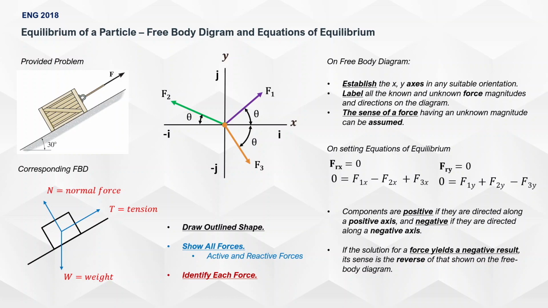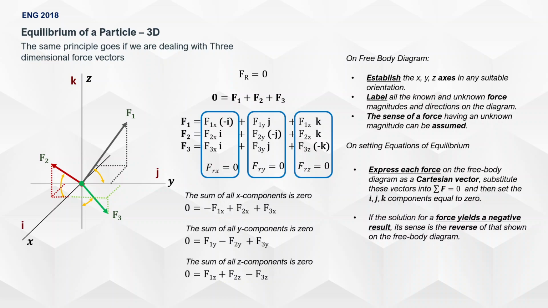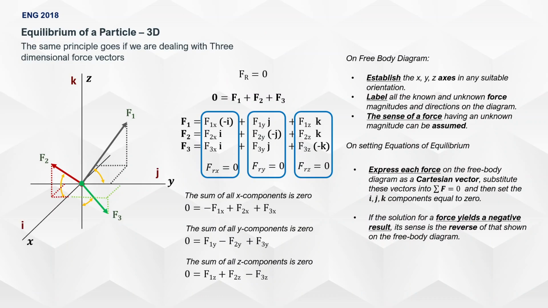The same process can be done in 3D, with three dimensions. Basically the same principle goes if we're dealing with three-dimensional forces. The information is just shown on the screen, so let me break it down for you. The same is true if we're dealing with three-dimensional force vectors.